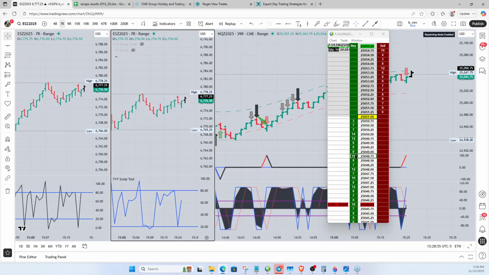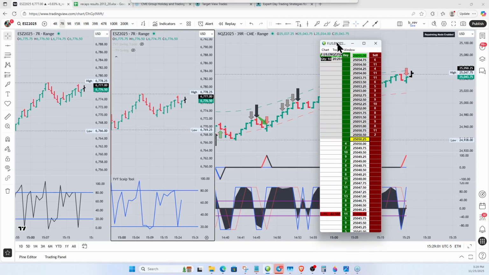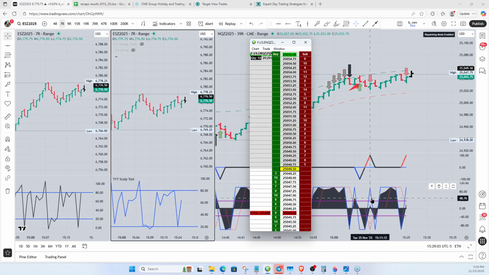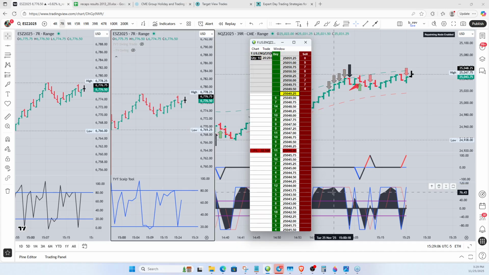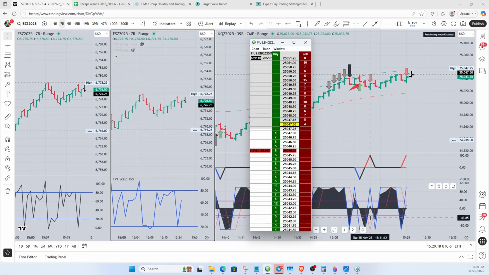The diamond with the NQ with blue on top and the red below. You mean like this one right here? Okay, it's coming around now. This one right here? When you get something like this, you want to sell the open of the next bar. This is the divergence that I talked about when I originally did this.